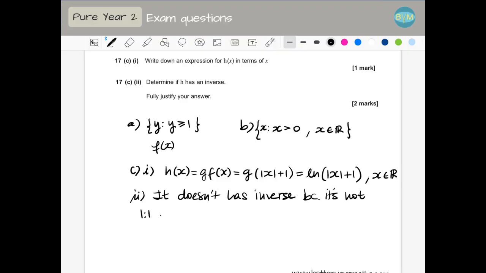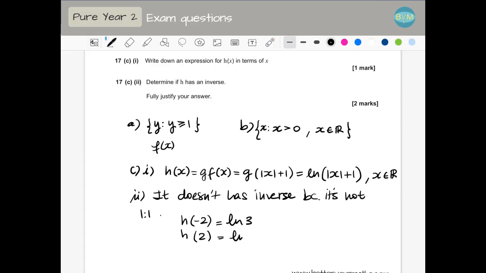And how do you justify that? For example, you do h of minus 2 and h of 2, and you will see that they are the same. So h of minus 2: the modulus of minus 2 is 2, plus 1 is 3, so ln 3. And when you do h of 2, the modulus of 2 is 2, plus 1 is 3, so ln 3.